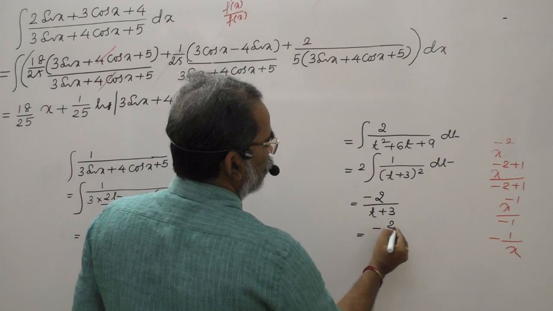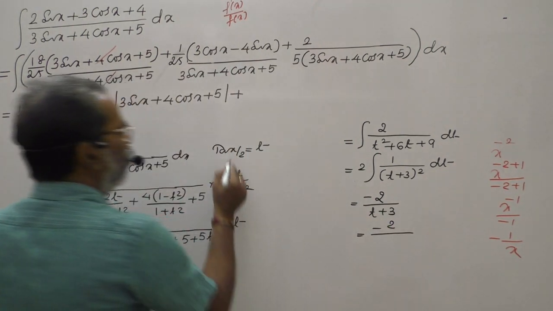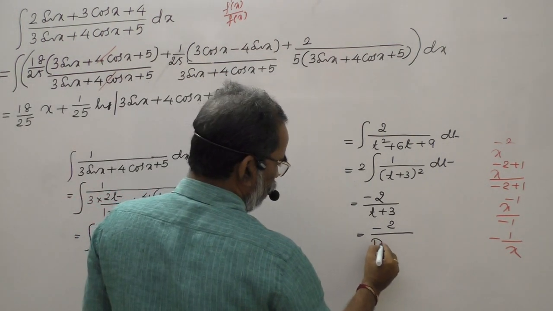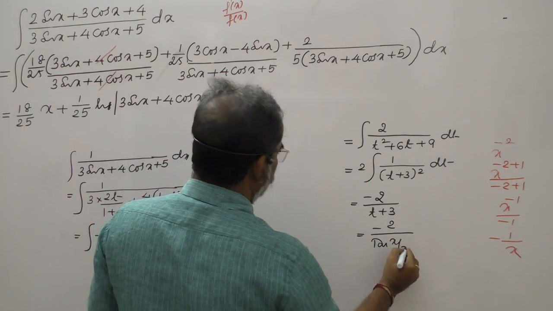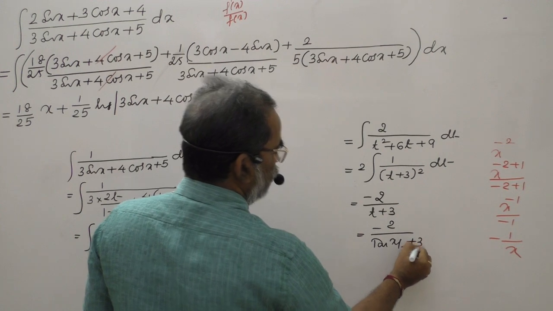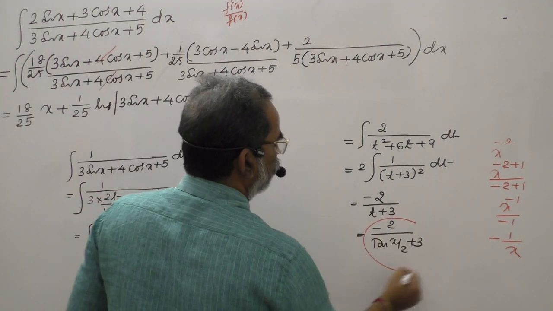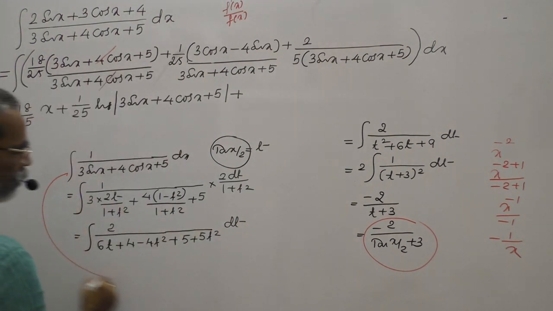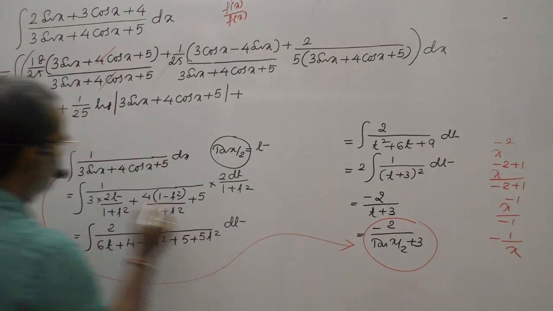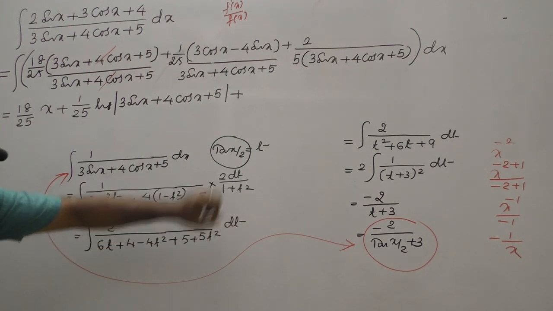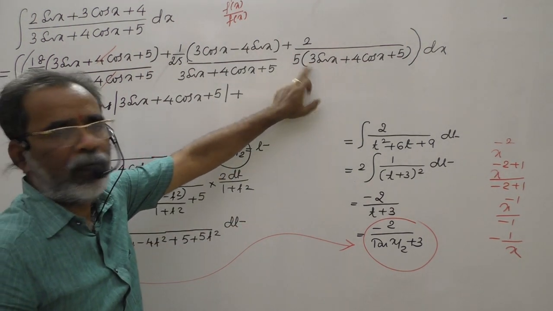So what is this now? This is minus 2 divided by t plus 3. What is t? t is tan x by 2. Therefore, tan x by 2 plus 3. This is the integral of this one. I have to substitute here.